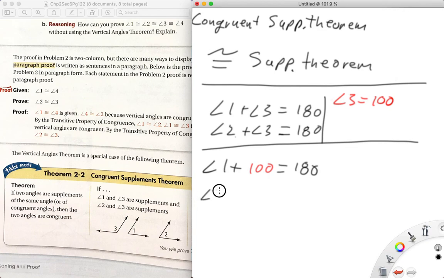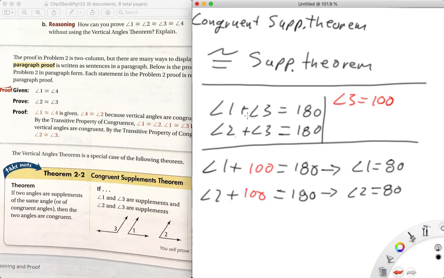Here I'll have angle 2 plus 100 equals 180. If I subtract 100 on both sides, then angle 1 must equal 80. If I subtract 100 from both sides, angle 2 must also equal 80.